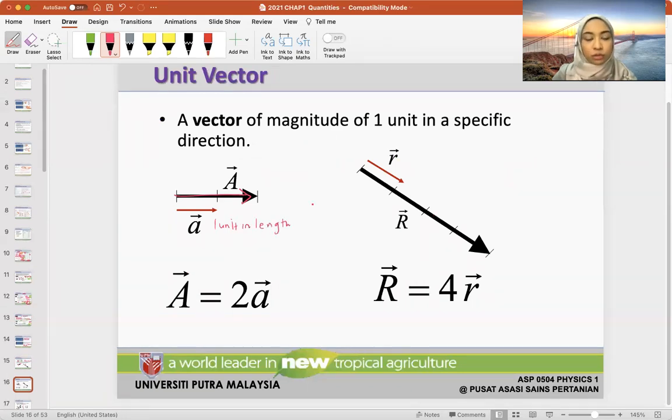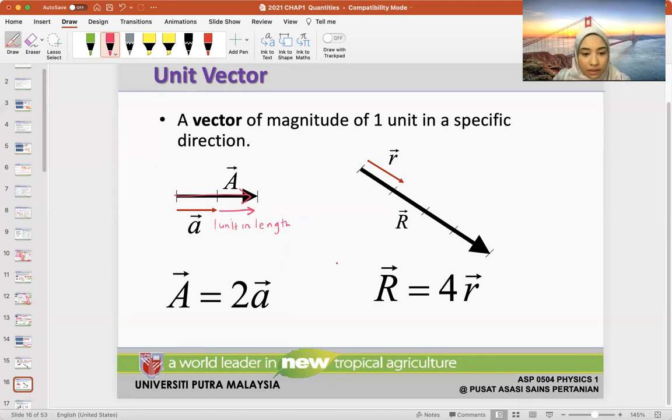I'm trying to write neatly. Because they are in the same direction, capital A vector can be described in terms of the small a vector. So I can write it like this: capital A vector is equal to 2 small a vector. So 2 small a vectors will give me 1 capital A vector.